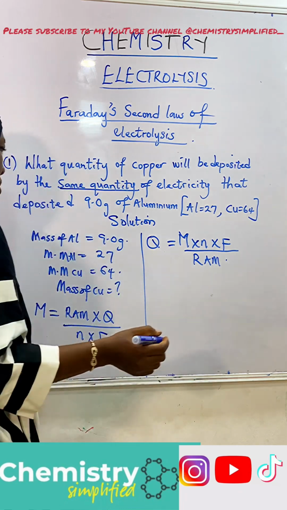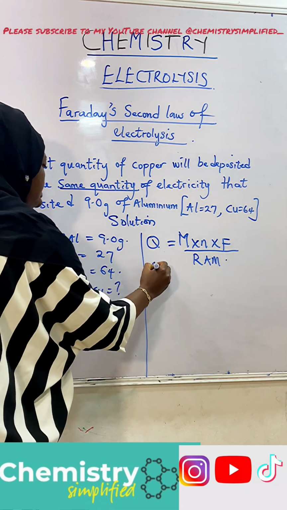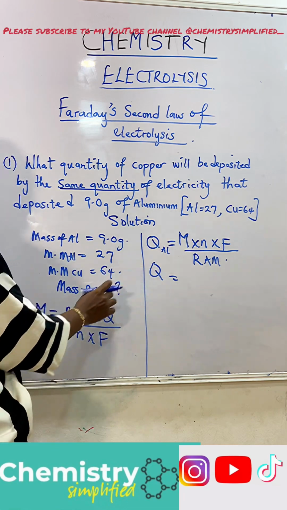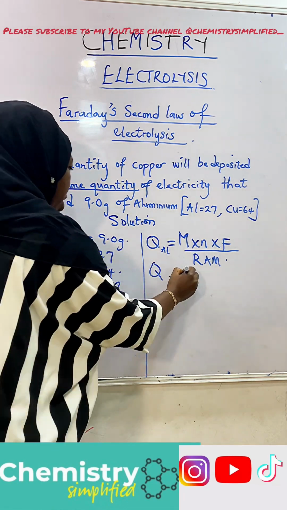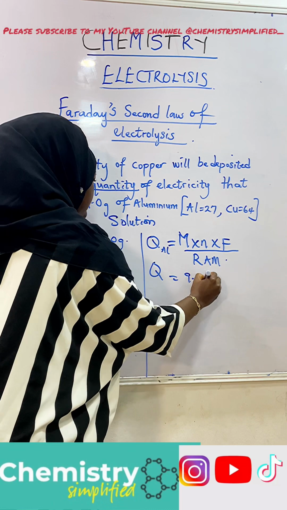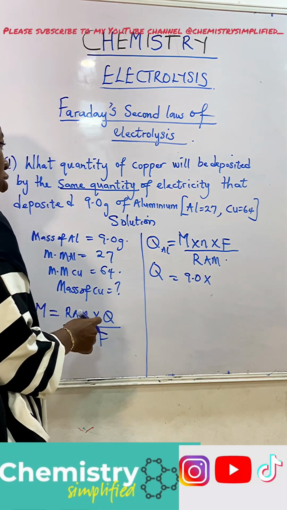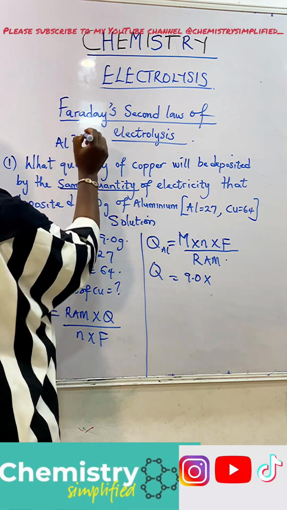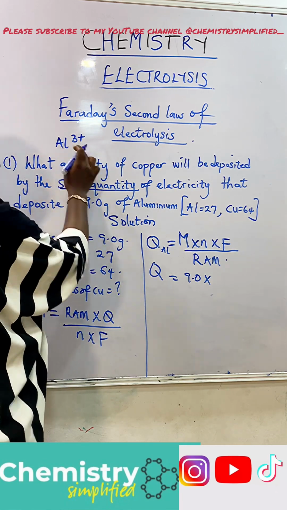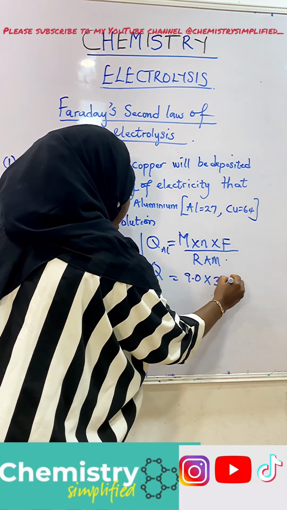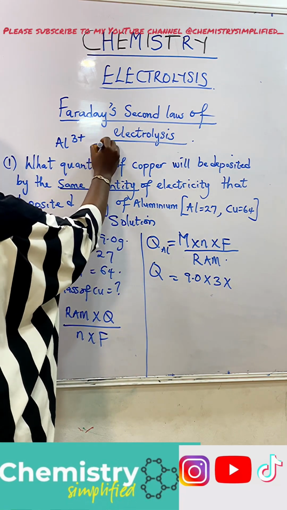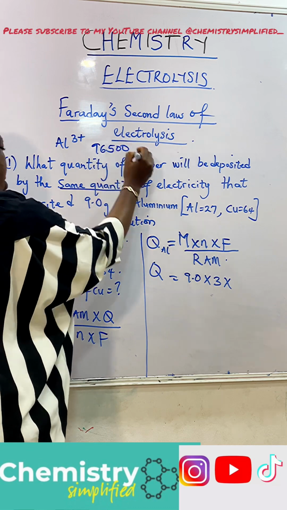Now, let's input it. Remember, we are calculating for aluminium. We have Q equals, what is the mass of aluminium here? 9.0 multiplied by, what is the number of charges? Aluminium always carries 3 plus, so the number of charges there is 3. Multiplied by 3 times, what is our Faraday constant? It is always given, it is constant, it is 96500 coulombs.